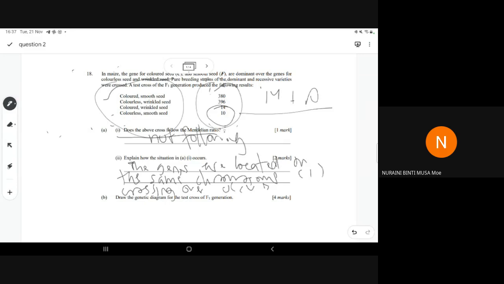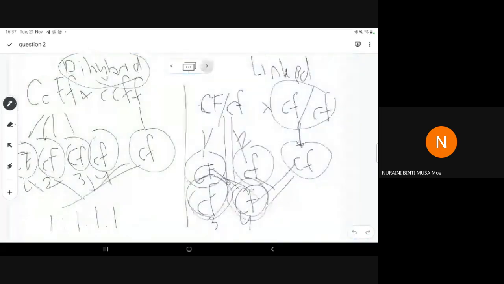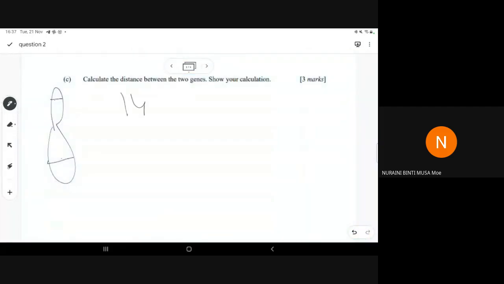Okay, tapi tak cukup. First again, awak ambil 14, the recombinant 14, tambah dengan 10, recombinant lagi satu, bahagi dengan total semua, which is tambah-tambah semua, akan dapat 800. Okay. Lepas tu, you have to times it by 100 pula. Times it by 100.